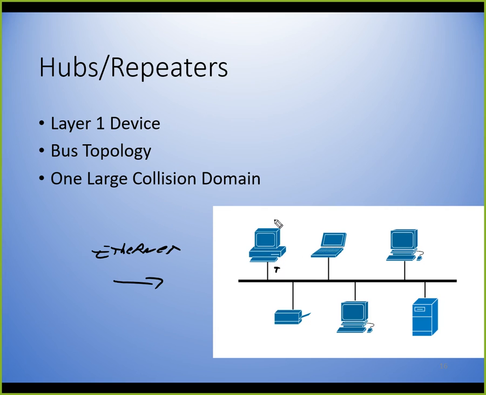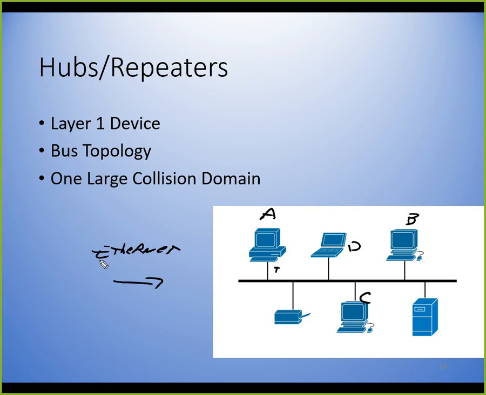The collision domain says that if A wants to go to B, and C wants to go to D, who gets to transmit? Because all of them can't send information at the same time.